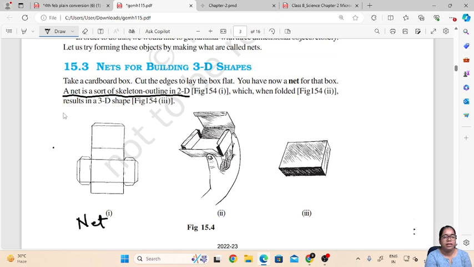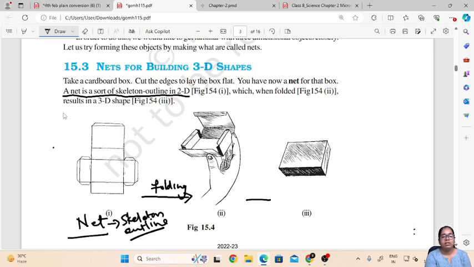Net is what? It is a skeleton outline which, when it is folded, when this net is folded, what it will give you is a 3-dimensional shape.